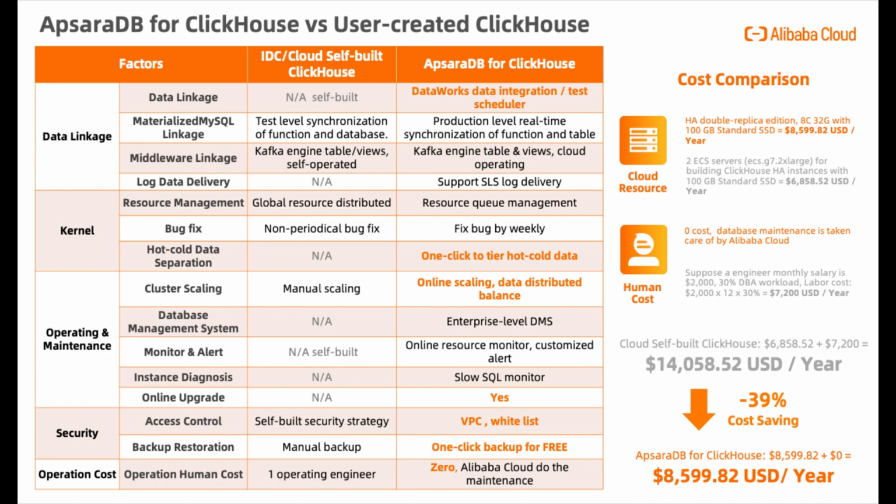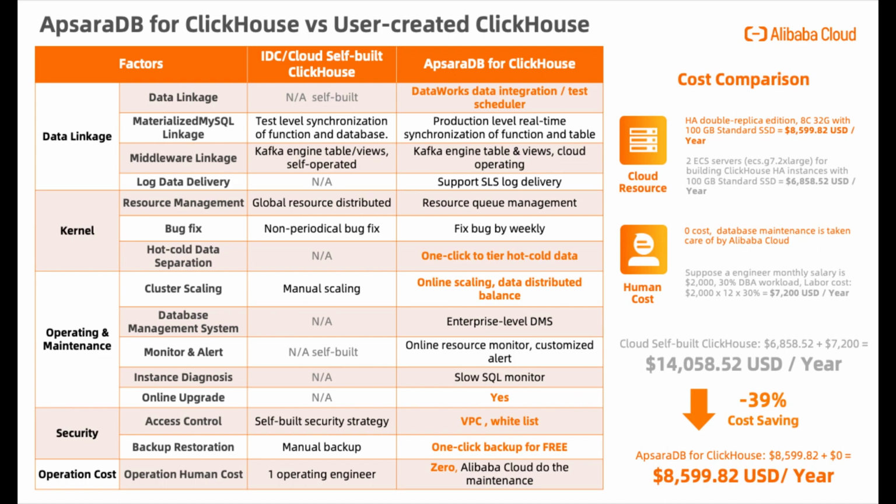If you only want to buy ECS and self-build ClickHouse on that, the equal size of ECS is the ECS g7.2xlarge for building a ClickHouse high availability instance with 100 gigabytes of standard SSD, which will cost you $6,800 per year. However, there is zero human cost for ApsaraDB, as we mentioned before, because the database maintenance is taken care of by Alibaba Cloud.